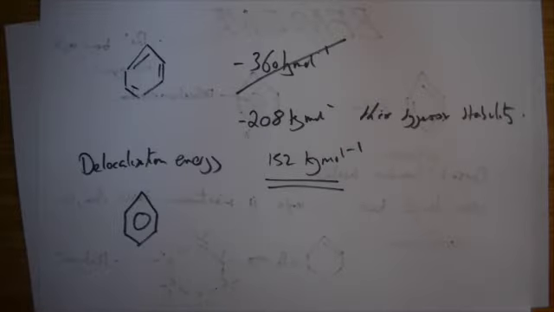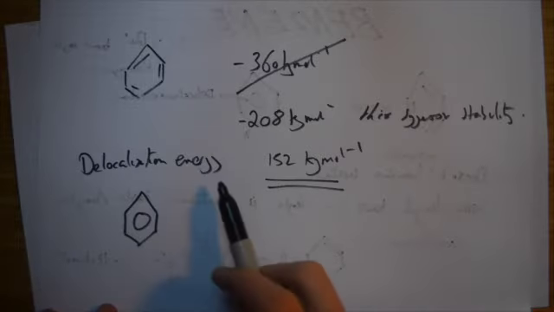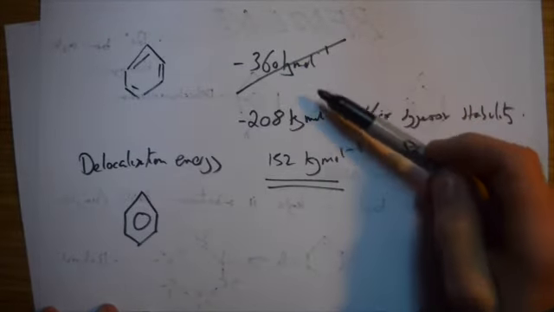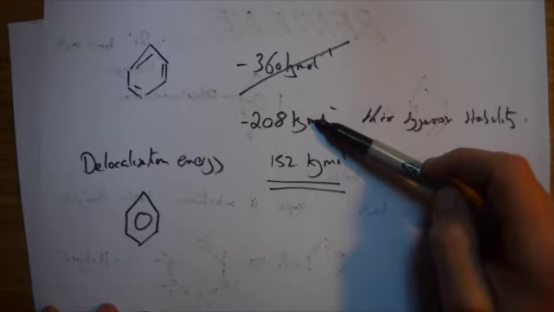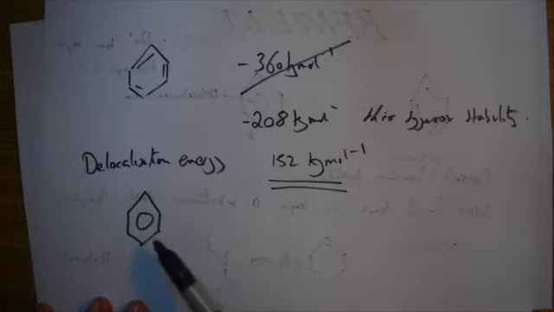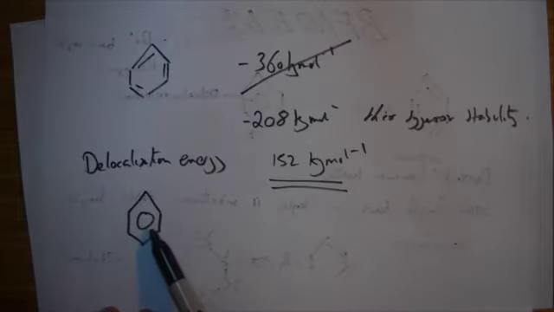And remember, when you form bonds, energy is released. The delocalization energy is just the difference between the expected value and the obtained value. And this proves that benzene is more stable, and thus suggests that it has this delocalized electron system in the center.